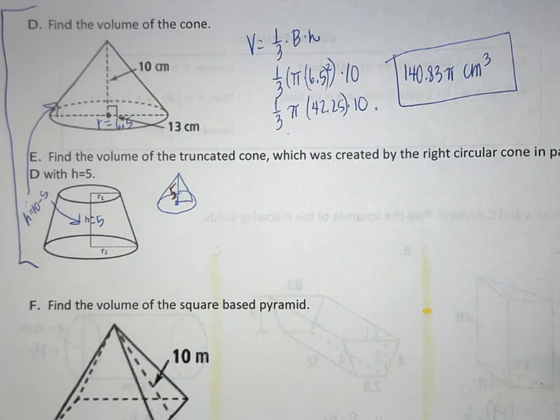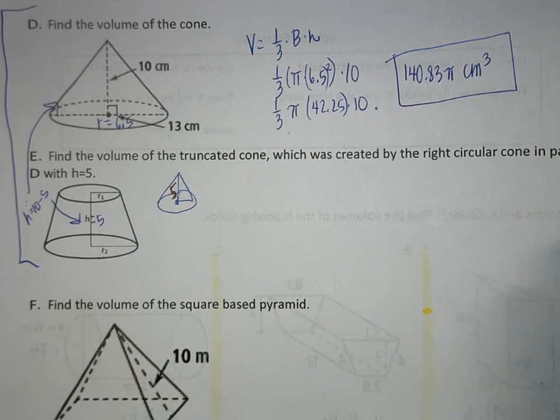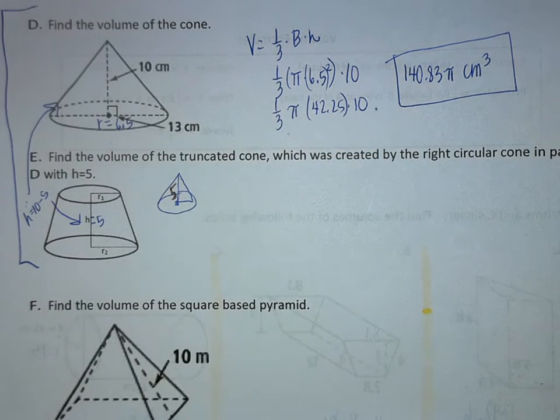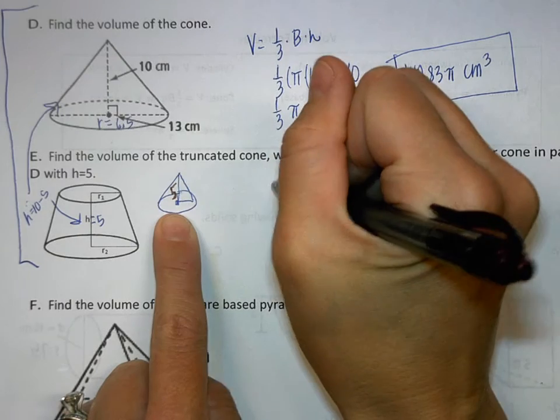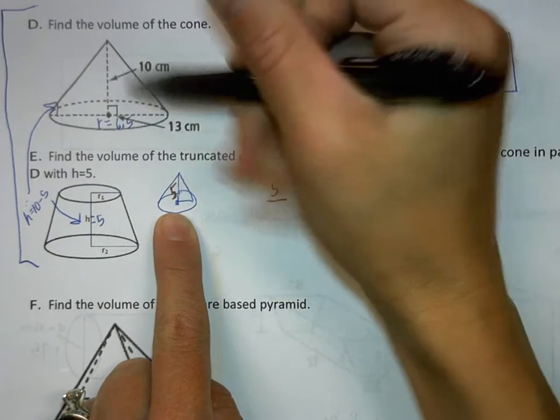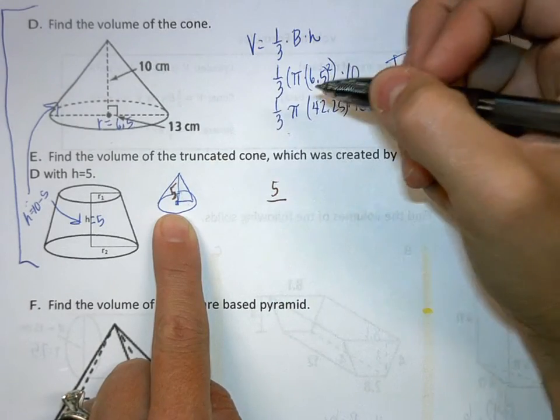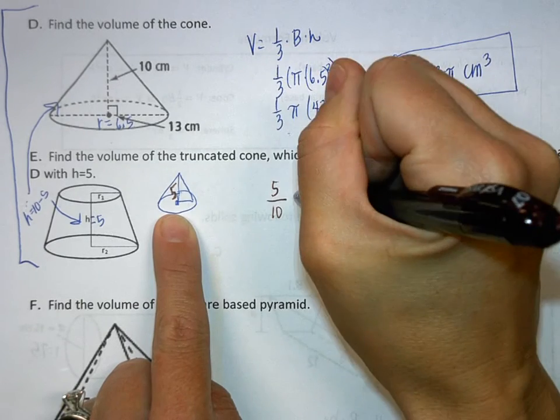Now, in terms of the radius, I'm not sure. And so back in 9.0, we talked a little bit about ratios. These are similar cones. These are basically the same cones, and so we can set them up as a ratio. And so this cone, the height is 5, over this cone, the height is 10. Okay? Equals.